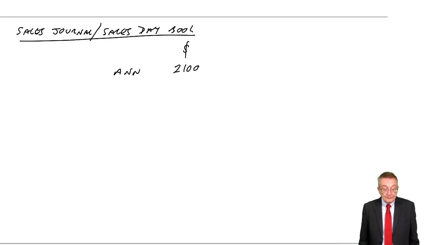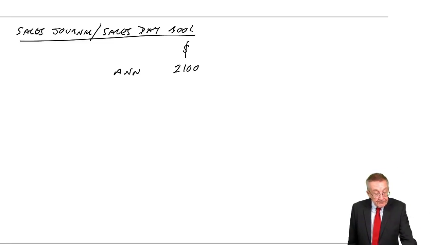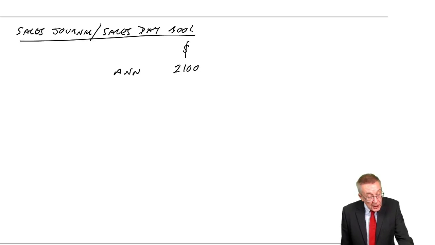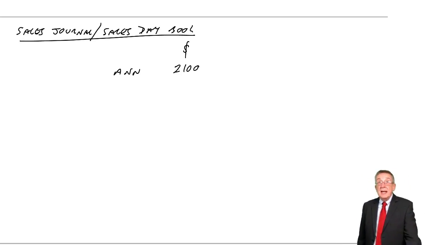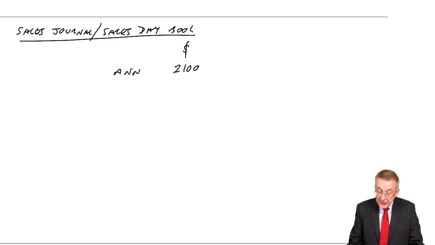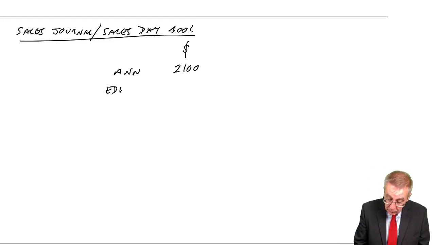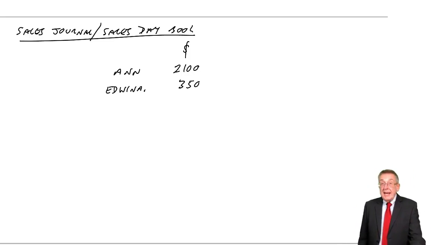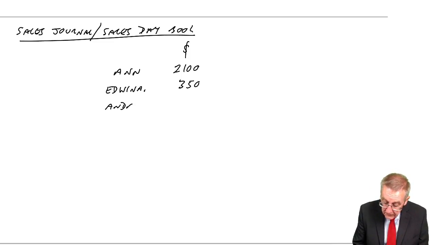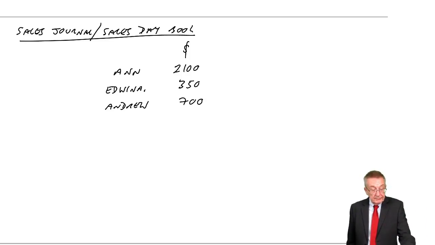It was to Anne. That was H. I, we sold some chairs for 350 on credit to Edwina. So more sales on credit, this time Edwina, 350. J, again, sale of chairs on credit, this time to Andrew, for 700.